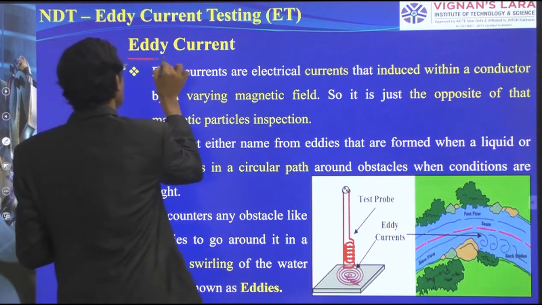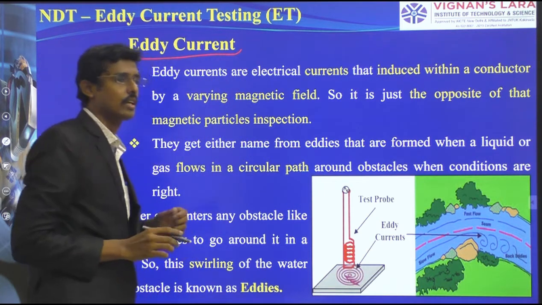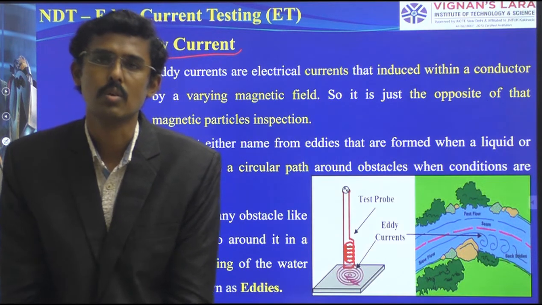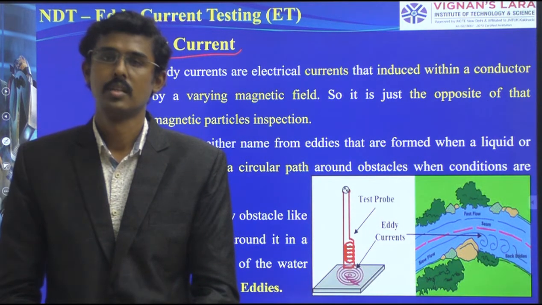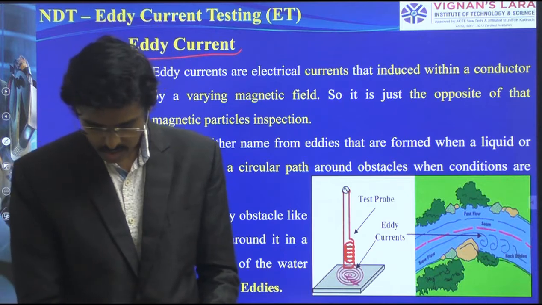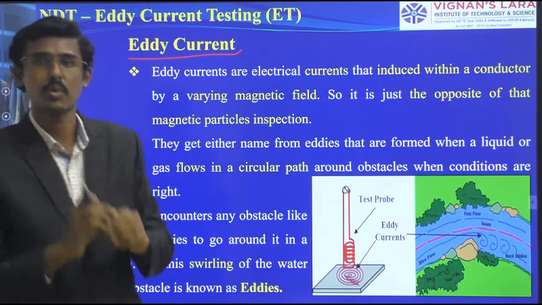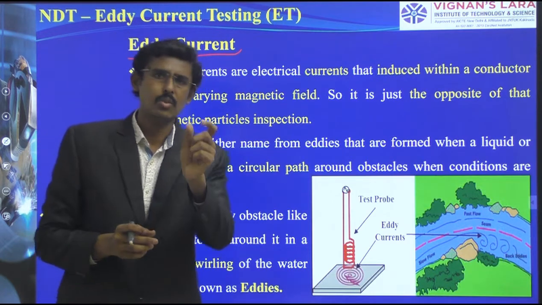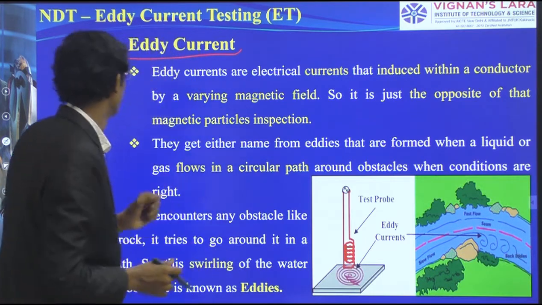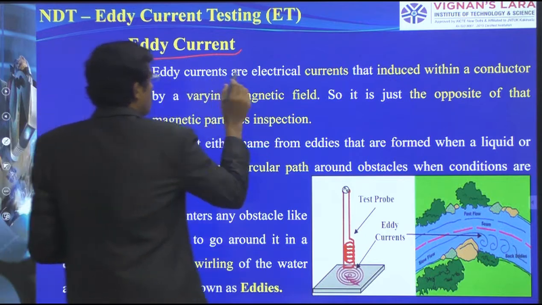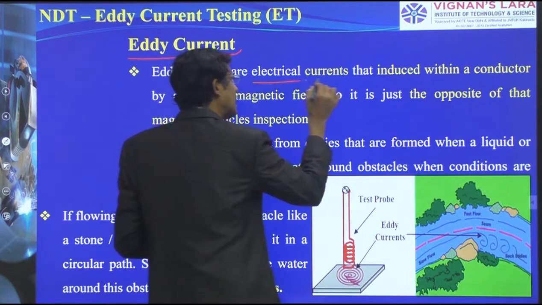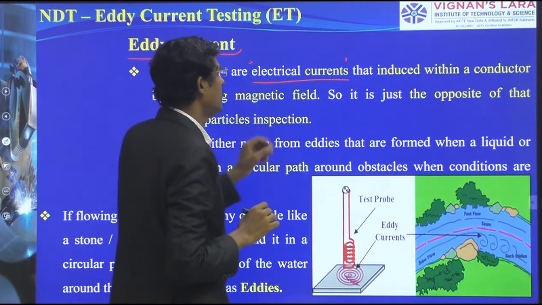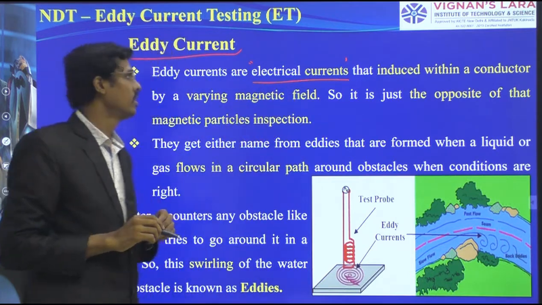Before going to the content of eddy current inspection, I want to know what is meant by eddy. The name says it is an eddy current testing process, that we use eddy current to do the test. But what is meant by eddy? The eddy currents are electrical currents induced within a conductor.